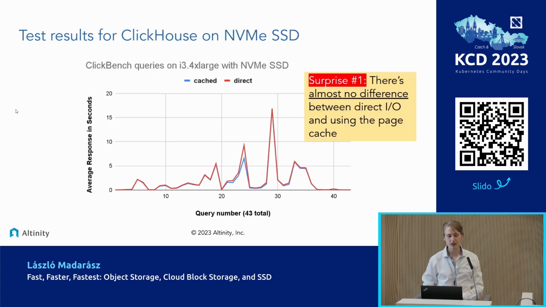The way we tested is that there is a benchmark tool called ClickBench, which is specifically for analytic databases. It runs realistic queries, like ones that we would run in e-commerce. It runs about 40-something of them, multiple times, so we can also see the effect of starting up, because of course when we start up the database, it's going to be a bit slower.